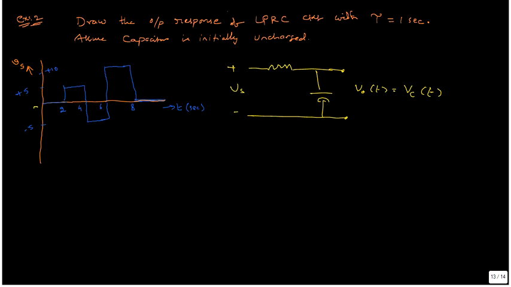Time is in seconds. During 0 to 2 seconds, Vs is 0, from 2 to 4, Vs is plus 5 volts, from 4 to 6, Vs is minus 5 volts, and from 6 to 8, Vs is plus 10 volts.